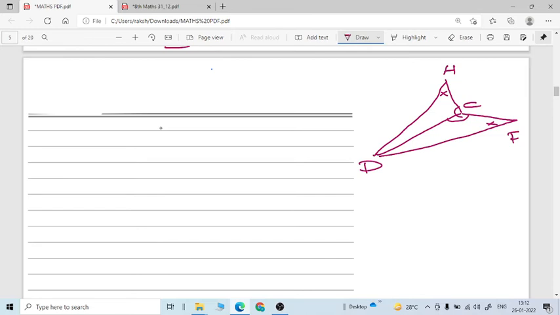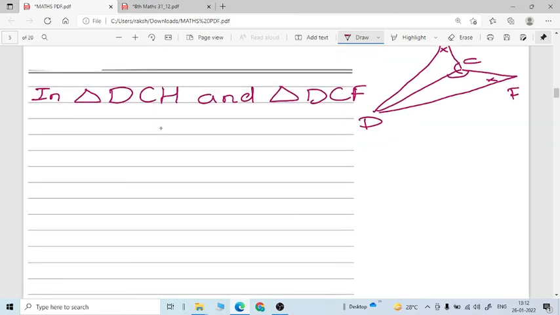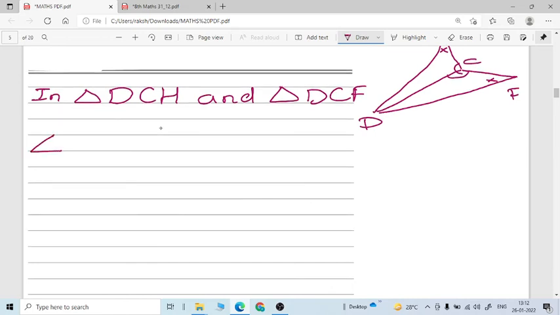Now let's write the solution in triangle DCH and triangle DCF, DCH and DCF, which have the same angle C. Okay, angle C is the same.